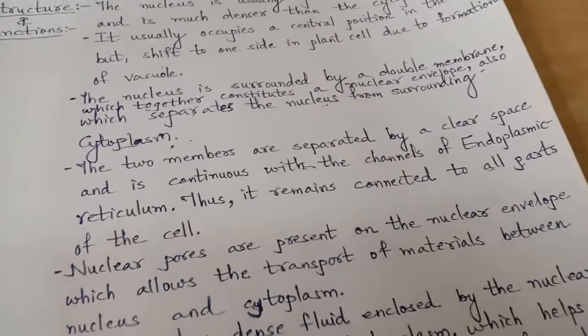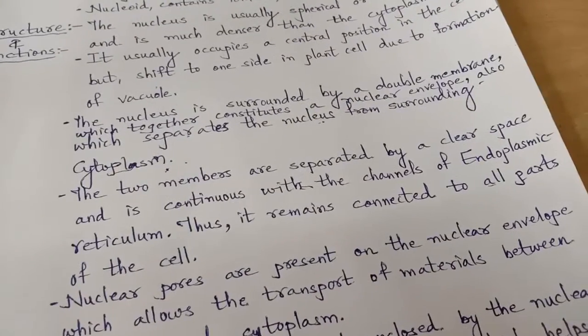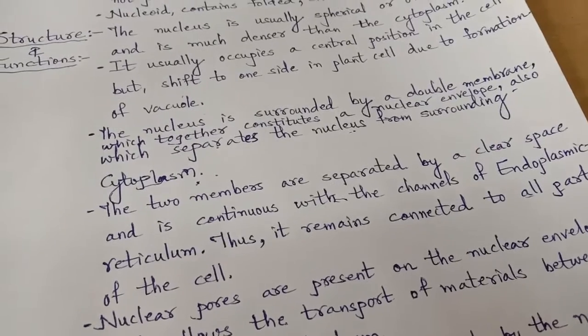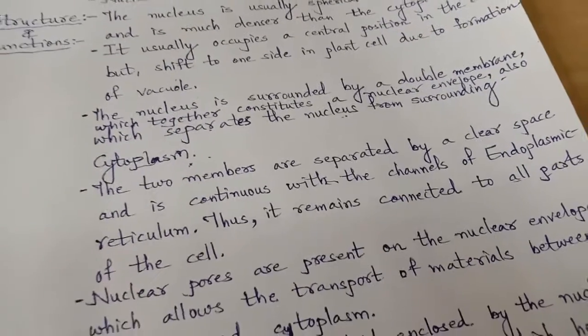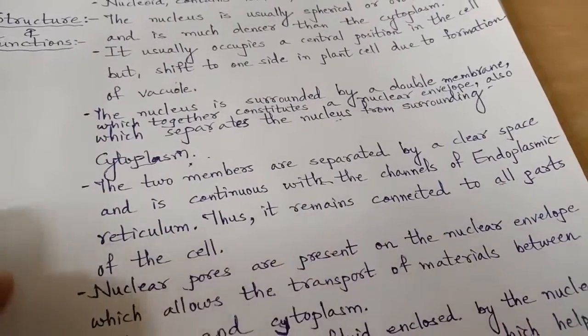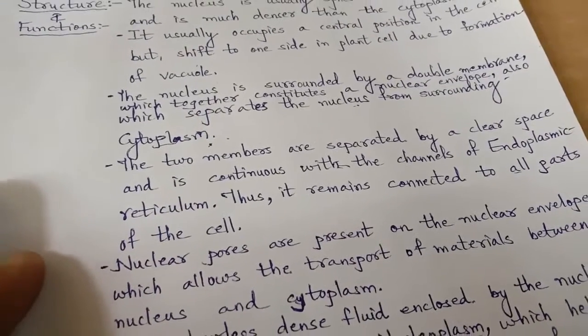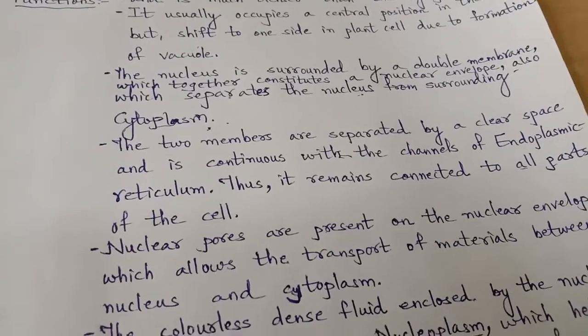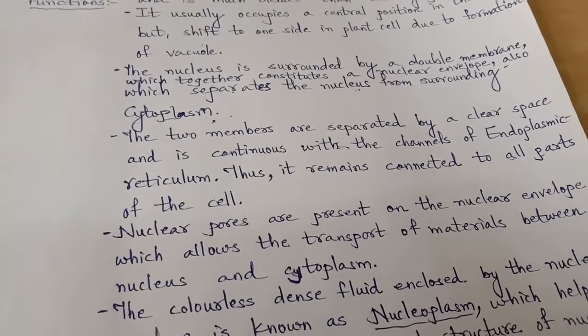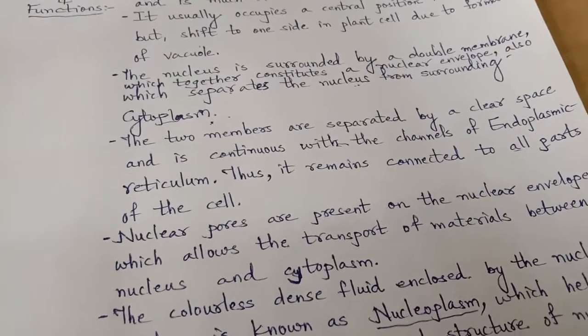The nucleus is surrounded by a double membrane. It is not a single membrane but a double membrane, which together constitutes the nuclear envelope, and that double membrane separates the nucleus from its surrounding, that is, the cytoplasm.